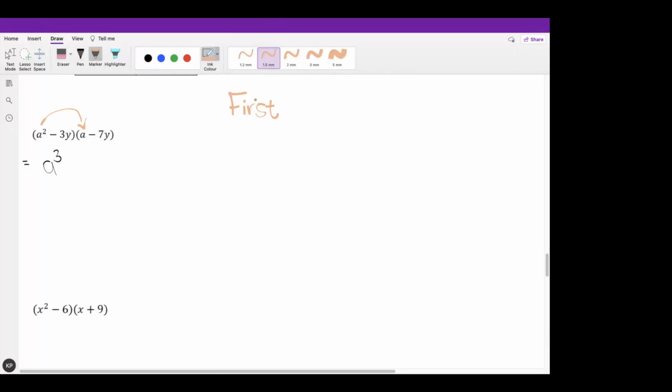Let's move on to the O in FOIL. What does the O stand for? The outer terms. So outer. My outer terms will be the ones on the very outside of the brackets, so it will be a squared multiplied by negative 7y.